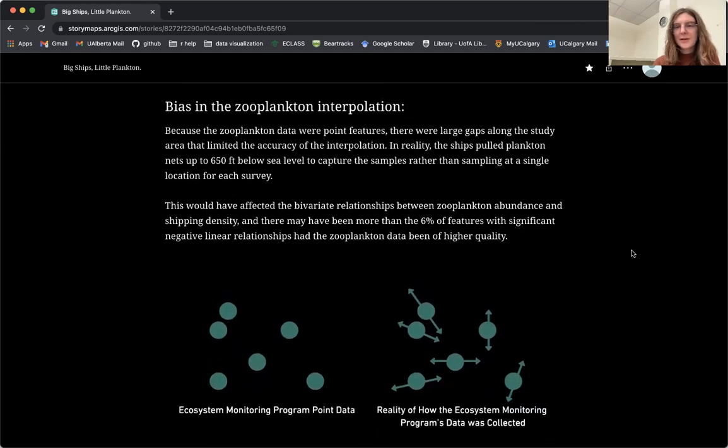The second big limitation was the bias in the zooplankton interpolation. So because the zooplankton data were point features, there were large gaps along the study area that limited the accuracy of my interpolation. And also in reality, my data was collected along transects where ships pulled plankton nets below sea level to capture the samples instead of just sampling at a single point, and that just wasn't reflected in the data that I got.